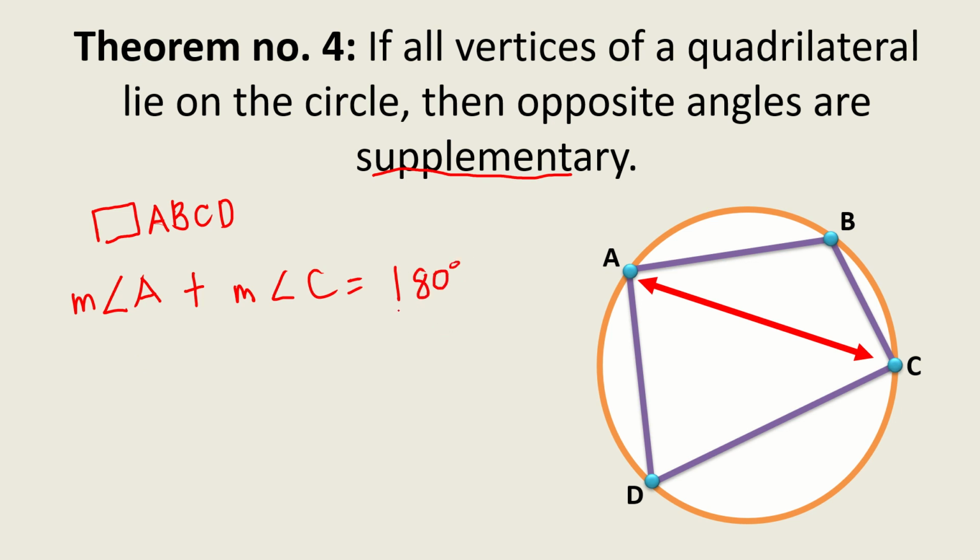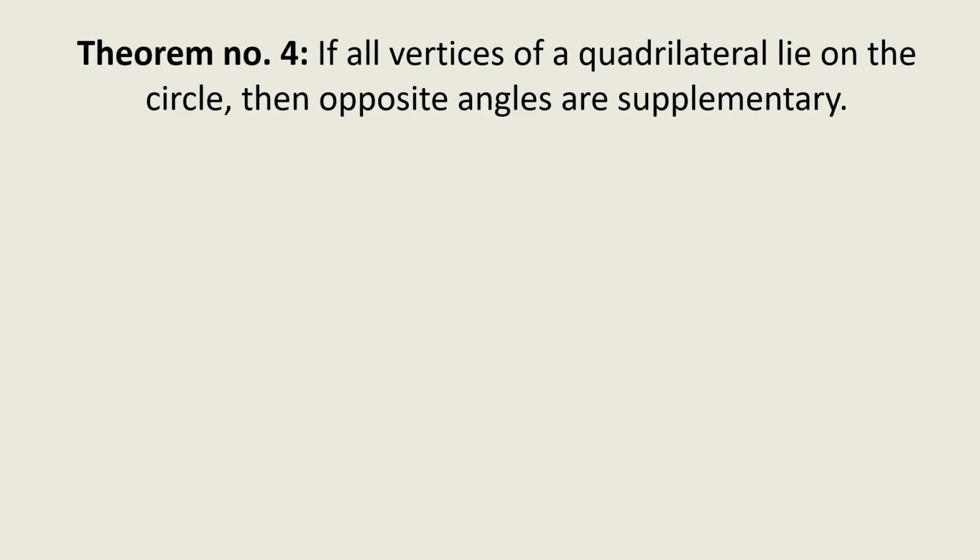As well as the other pair of opposite angles, angle B and angle D. The same thing as earlier, the measure of angle B plus the measure of angle D will still give us 180 degrees. Again, the opposite angles are supplementary, that is why it is equal to 180 degrees.